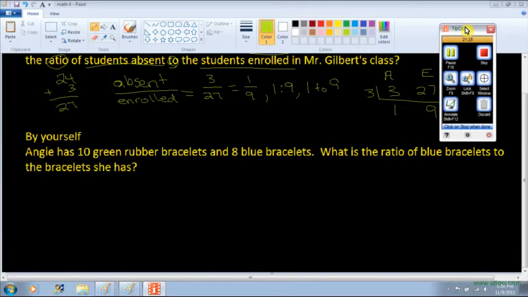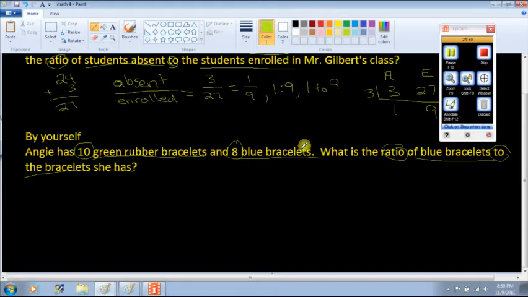Alright, so Angie has 10 green rubber bracelets and 8 blue bracelets. Look at the question. Remember, that's where we'll get our ratio. What is the ratio of blue bracelets to the bracelets she has?